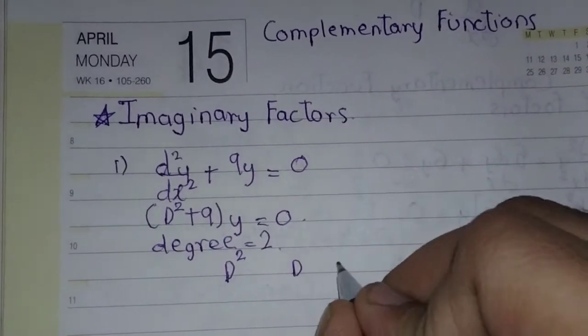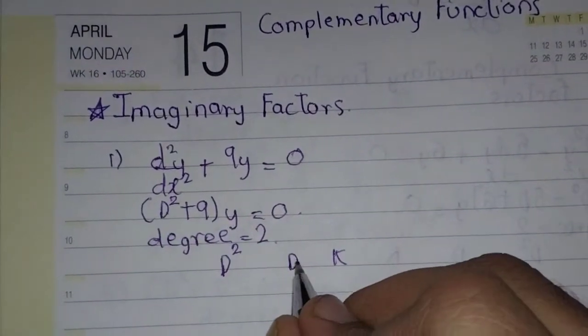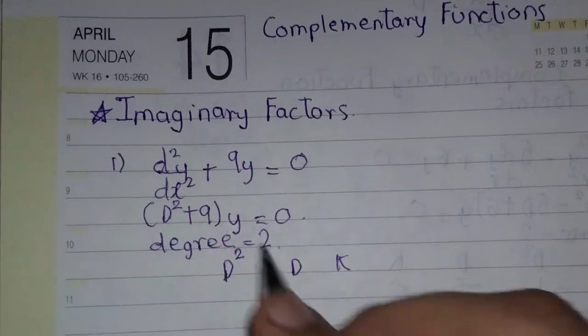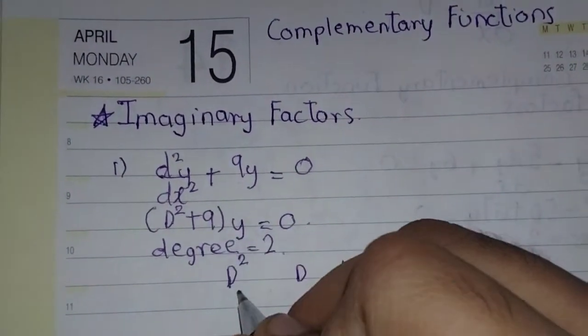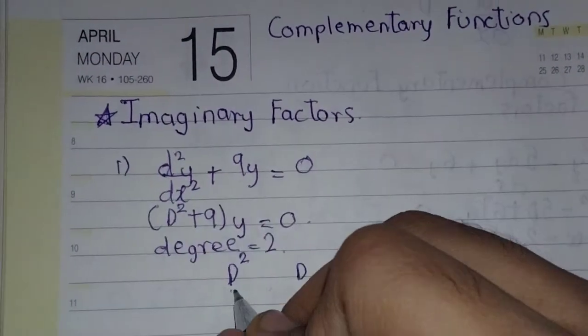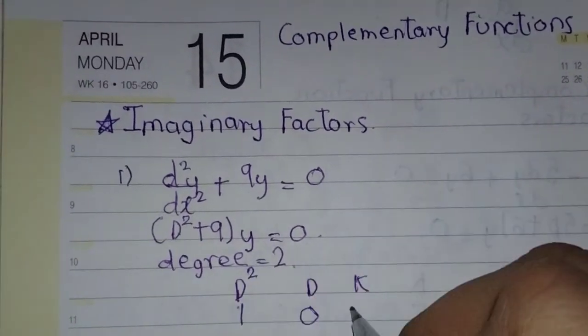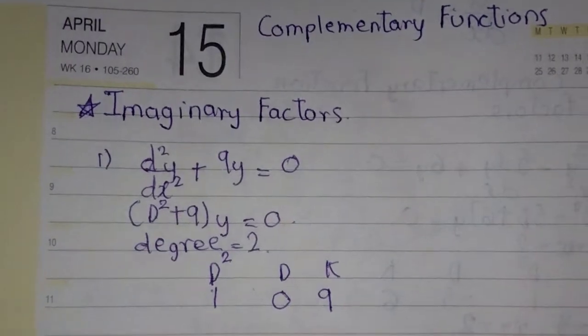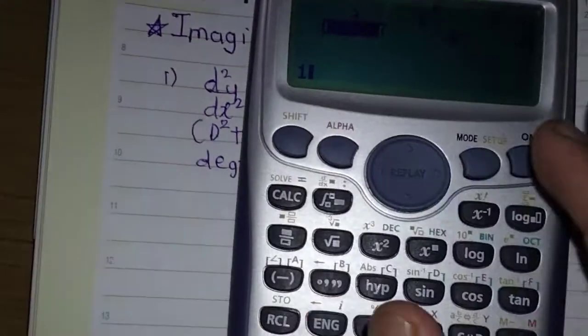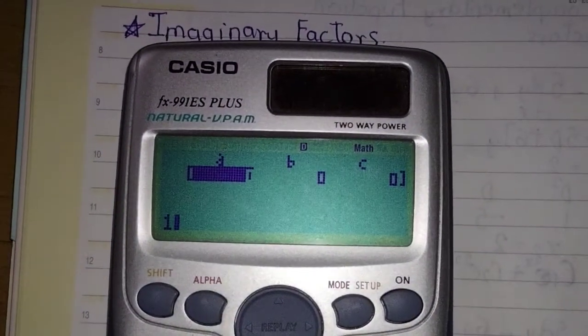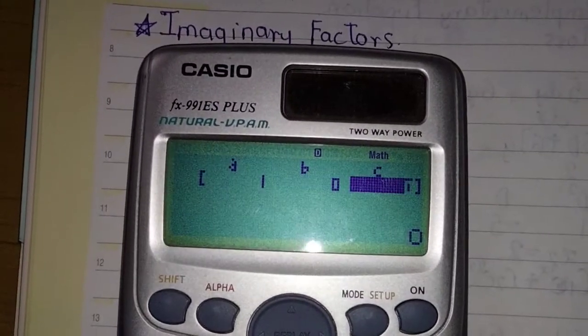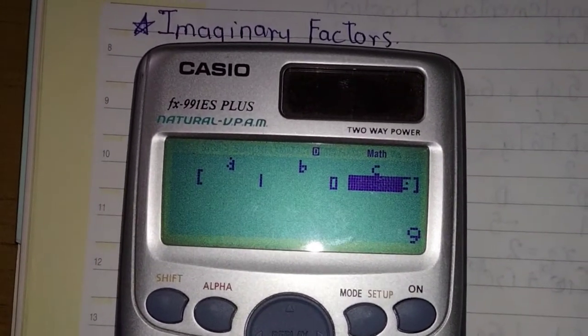So d square, d and constant. The derivative term is not present here, and here 9 is constant. What is the value of d square? It is 1. There is no d term present, so it is 0, and the value of constant is 9. Putting the same values in the calci, 1 0 9.